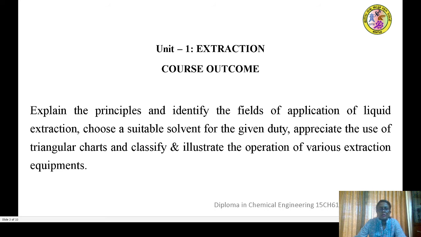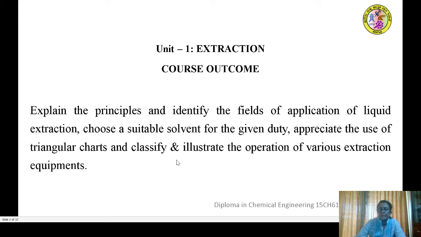And coming to the course outcome of the first unit, that is extraction. After a student finishes studying the first unit, he or she will be able to explain the principles and identify the various fields of application of liquid extraction, and will be able to choose a suitable solvent for the given duty of extraction, and also appreciate the use of triangular charts, and classify and illustrate the operation of various extraction equipments.